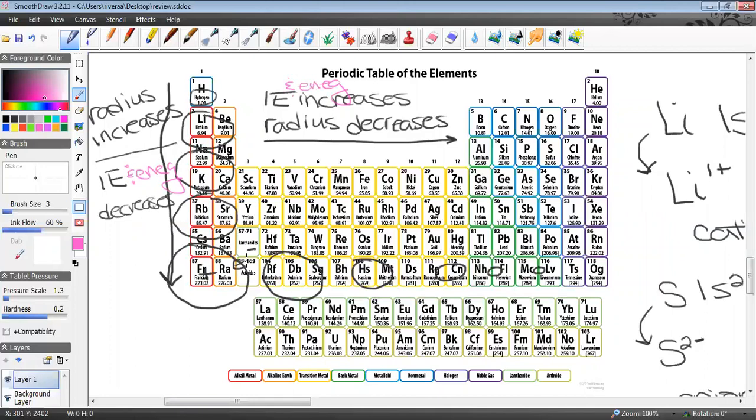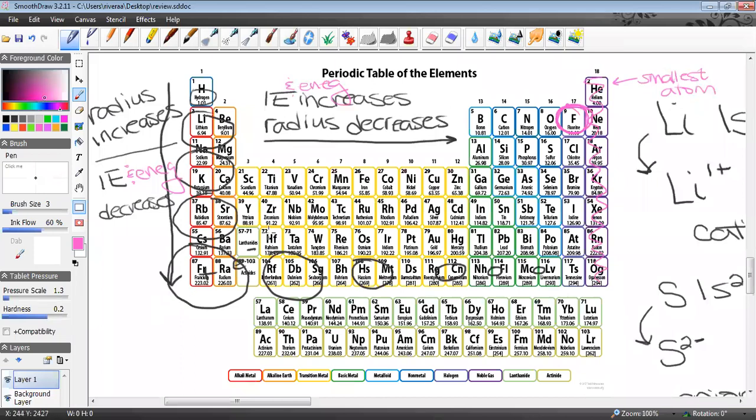And so you might think that helium has the highest electronegativity value because it's the smallest atom. But it doesn't, because the definition of electronegativity is love for electrons in a bond. And the noble gases don't bond. So fluorine actually has the highest electronegativity value, even though helium is the smallest atom.